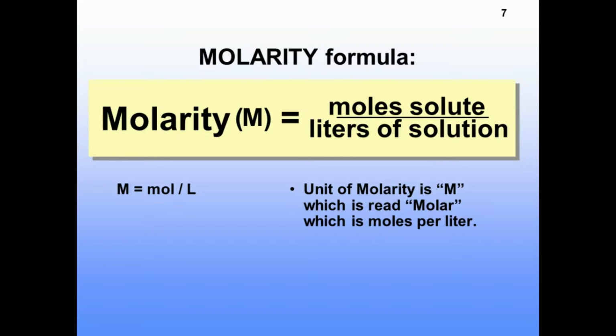So we said molar mass was grams per mole, and grams per centimeter cubed is for density. The unit for molarity is moles over liters, moles per liter. There's no special name for it. You can either use mole per liter for your units or the capital M. It doesn't matter. They're both the same thing.